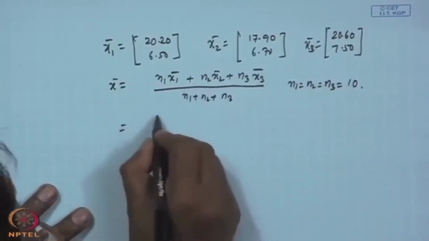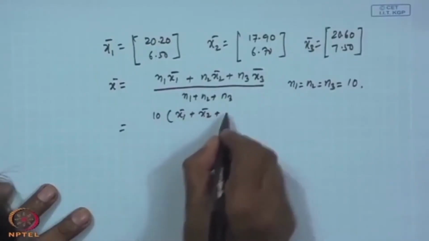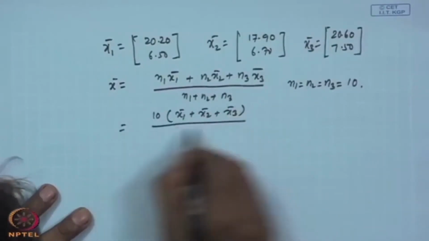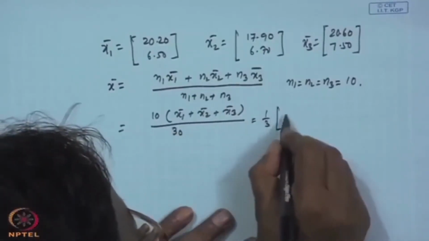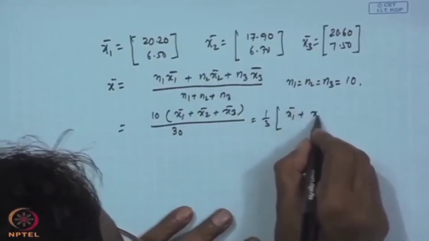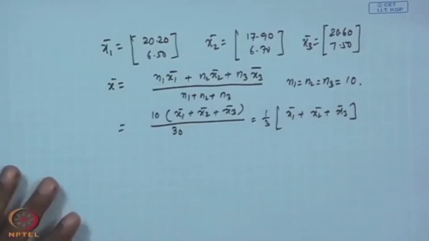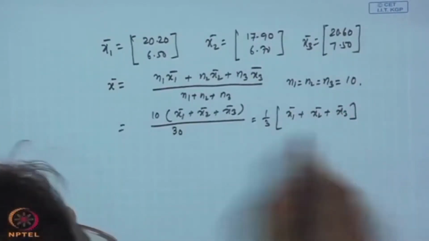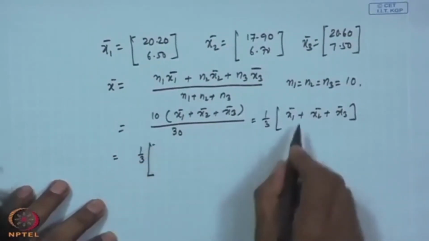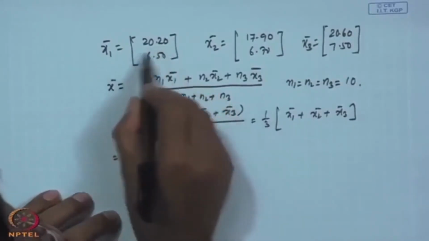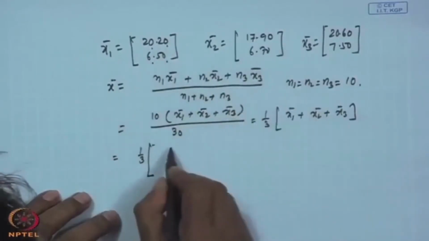So, we can write this as 10 times x1 bar plus x2 bar plus x3 bar by 30, which is 1 by 3 into x1 bar plus x2 bar plus x3 bar. So, what will be this quantity then?